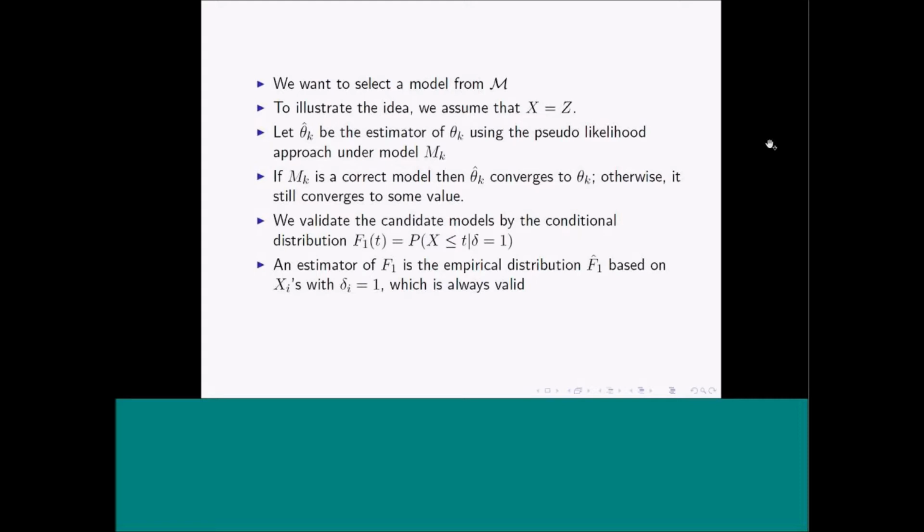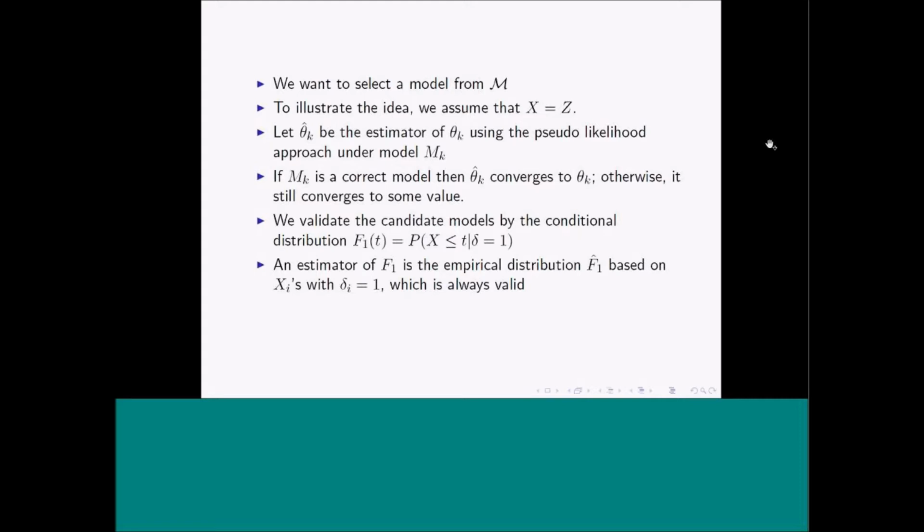So we're going to use this idea and try all different kinds of Z's. If Z is a wrong instrument, then the estimation will be really bad and will end up far away from the empirical distribution. Because to estimate the distribution of x without any model, we can simply use the empirical distribution.